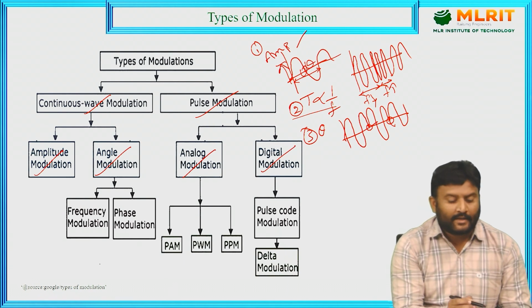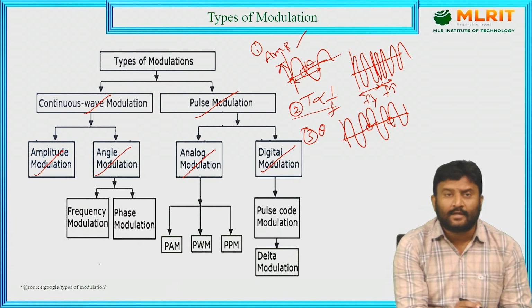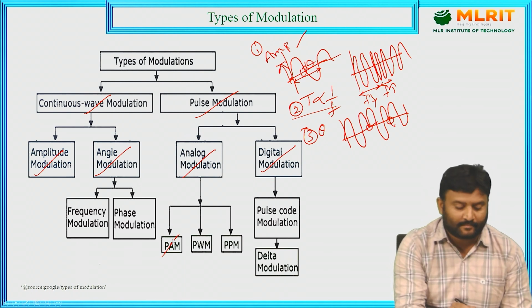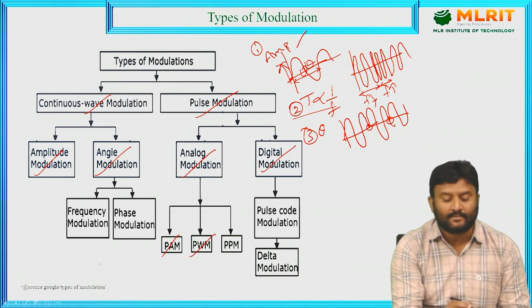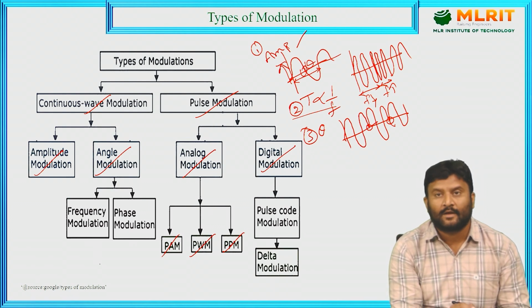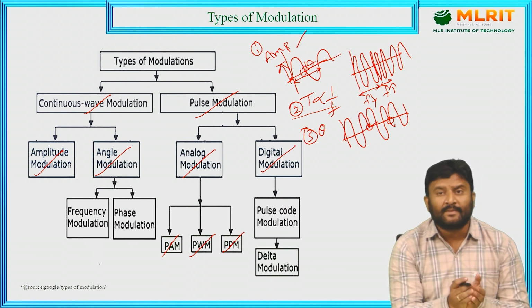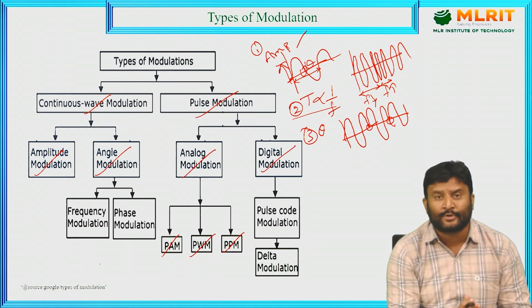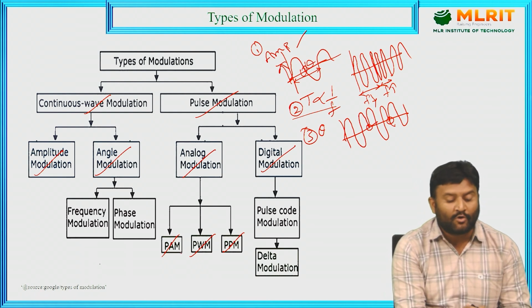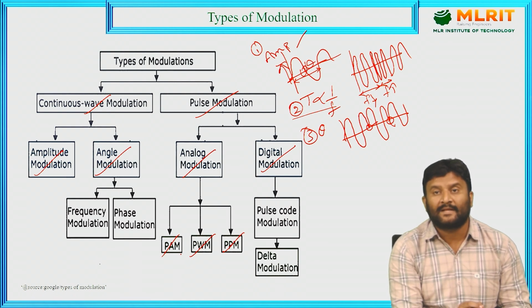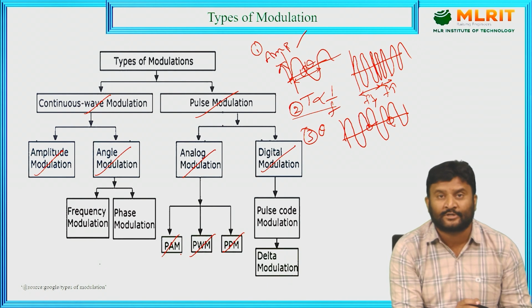Again, for the analog modulation, remember PAM, pulse amplitude modulation, pulse width modulation, and pulse position modulation schemes. That means our information signal is digital, but the carrier signal is continuous. In that situation, we go for PAM, PWM, PPM.